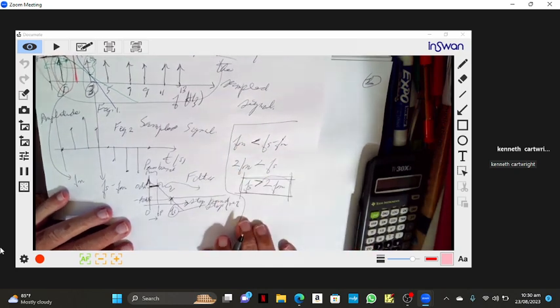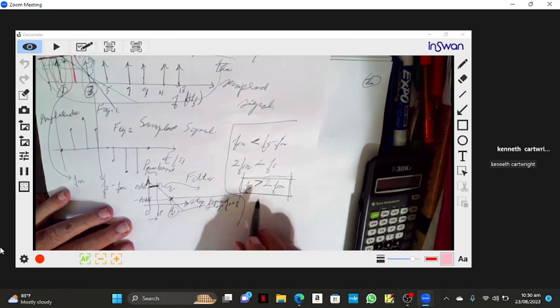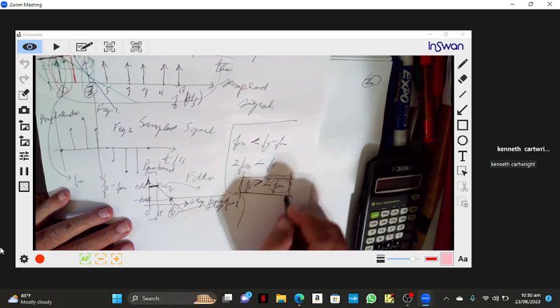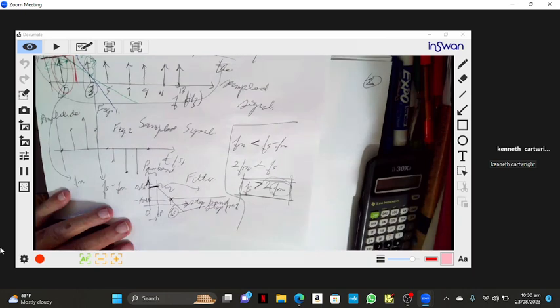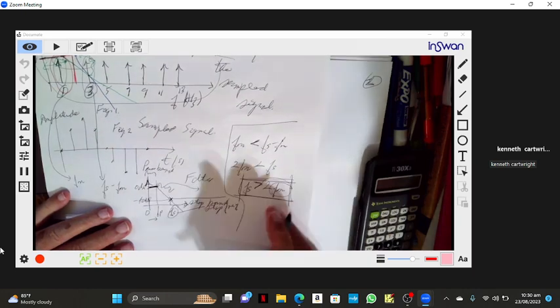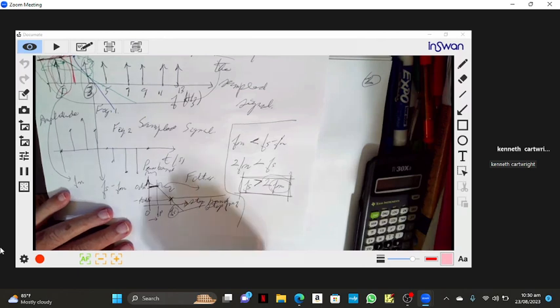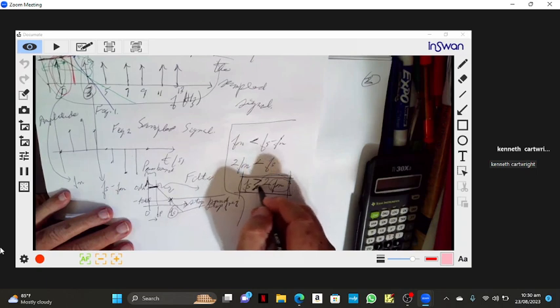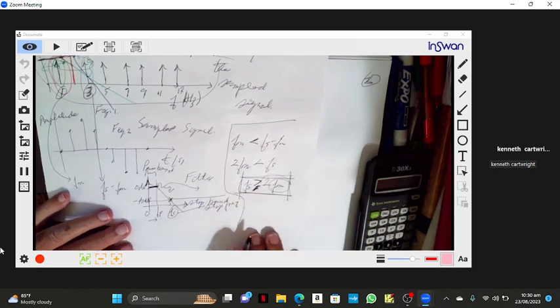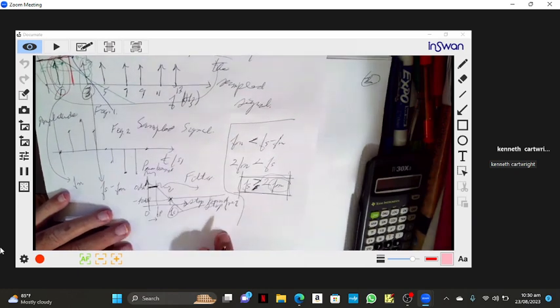The sampling frequency must be greater than twice the highest frequency in our original analog signal. Sometimes you'll see an equal sign there, but clearly it can't be equal. So the people who write an equal sign there are not right. The sampling frequency must be greater than twice the highest frequency.